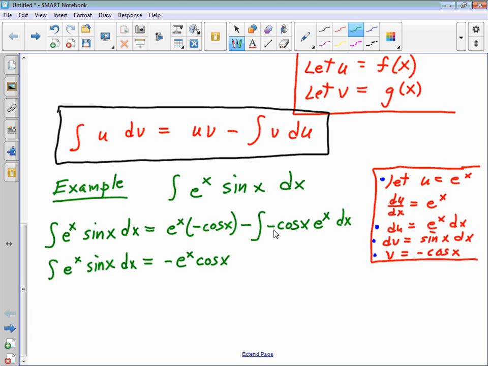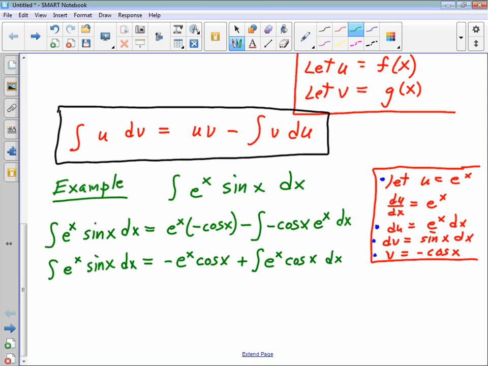We got a minus there and a minus there, so we're going to go plus the integral of, I'm going to write it in the same order just to be consistent, e to the x cosine x dx. And at this point, you're probably thinking, dude, that didn't get easier. It did not get easier.